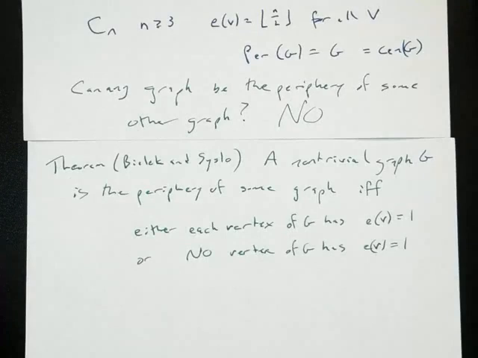In other words, in the periphery, I either need every vertex to have eccentricity 1 or none of them to have eccentricity 1.